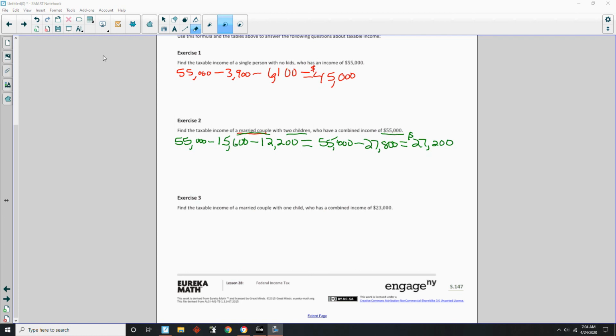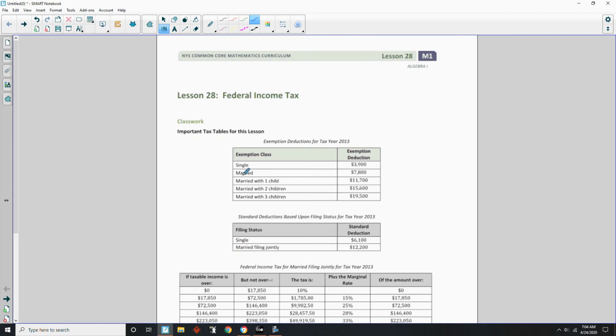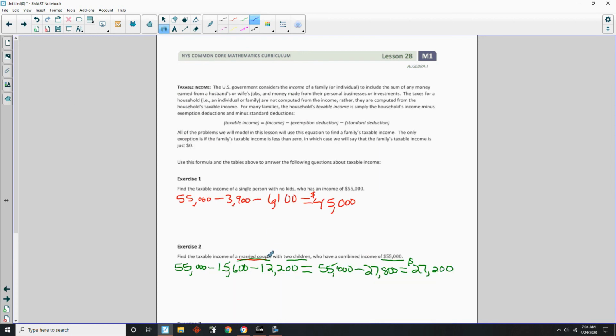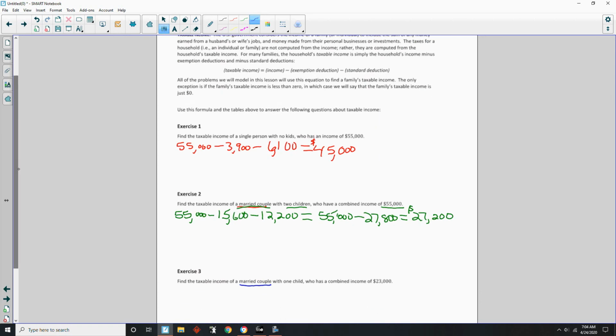Okay, so exercise 3 says to find the taxable income of a married couple. Okay, so I'm going to go back. They're married, so the filing status is going to be married filing jointly, so we're going to use this 12,200. And 1 child, combined income of $23,000.